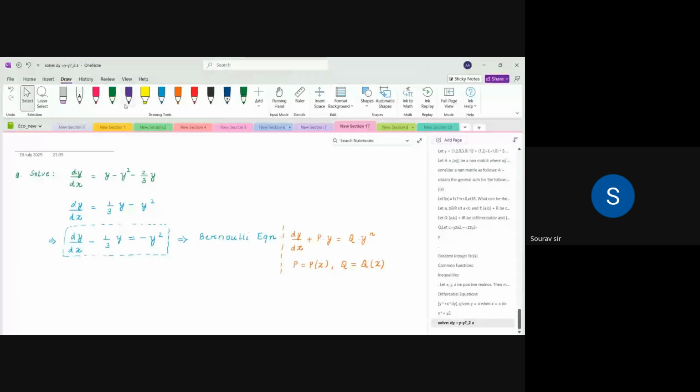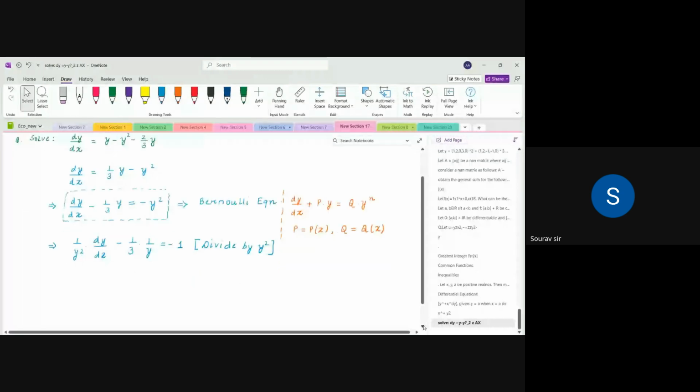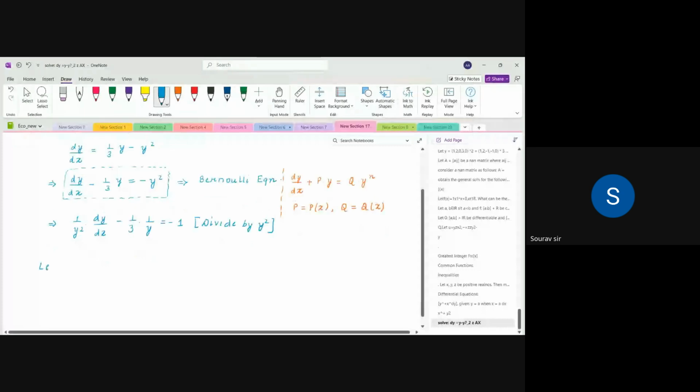You will divide by y square on both sides, right? So that will become 1 by y square dy by dx minus 1 by 3 into 1 upon y is equal to minus 1, right? Correct? And then you'll take your 1 by y square as some z.